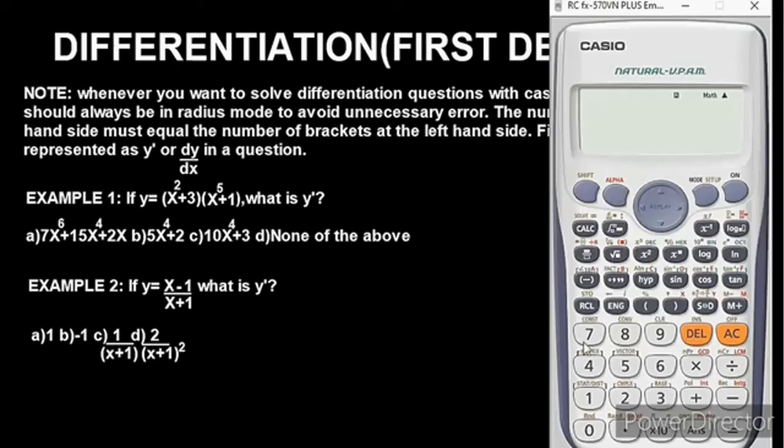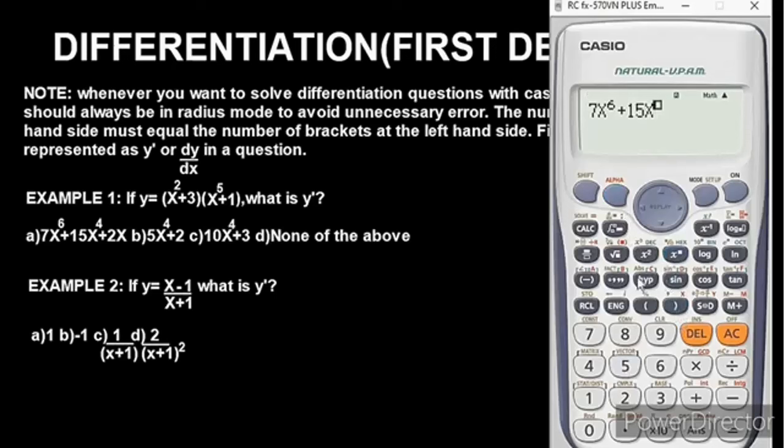We have 7x, which is alpha x raised to the power 6. Use this power function, come down, plus 15x, which is alpha x raised to the power 4.